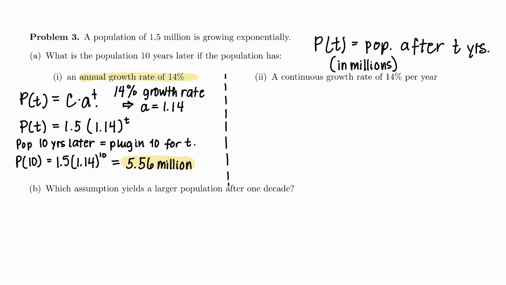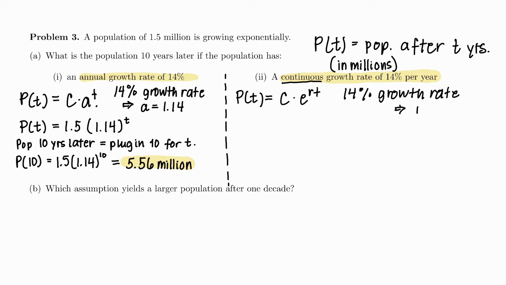Okay, so for part 2, where it says a continuous growth rate of 14% per year, I'm going to explain what these things mean afterwards, after we get these equations written down. But since it says continuous, that's telling me that I need to use P of t equals c times e to the rt. And a 14% growth rate tells me that r is going to be 0.14, just like r would be over here, right?